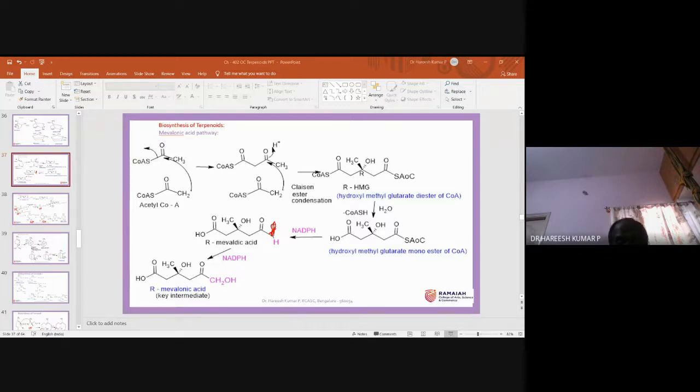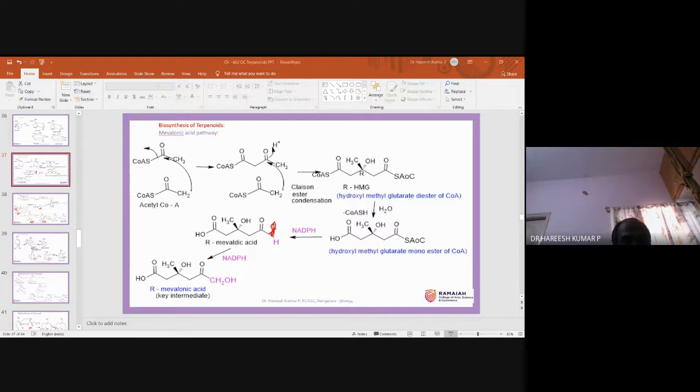So this is pyrophosphate, and the isoprenyl pyrophosphate moiety is obtained. On isomerization, this bond pair comes over here and picks up this proton, and an isoprenyl pyrophosphate is obtained.